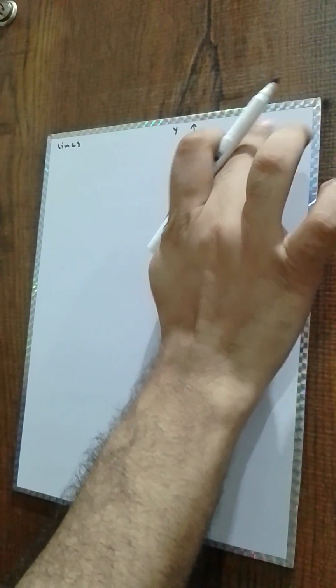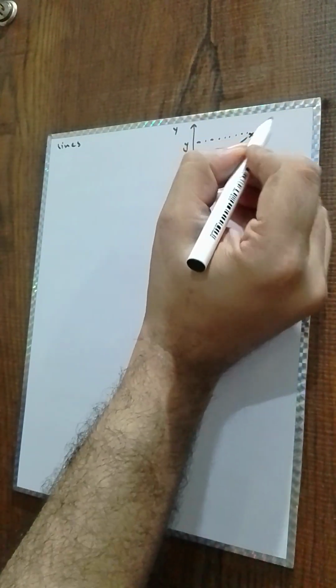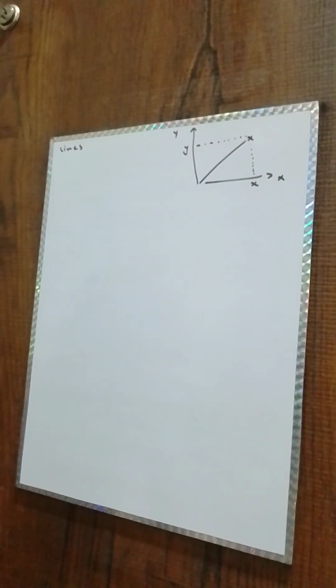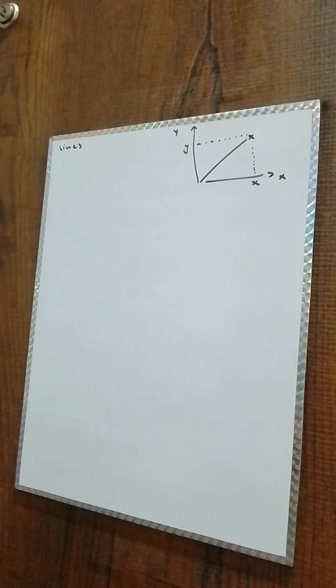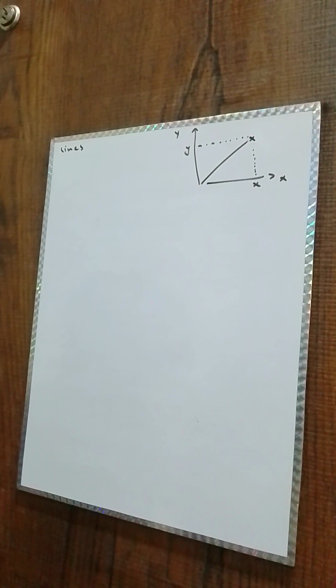Let's put a cross here for the point, and we have certain aspects of lines.